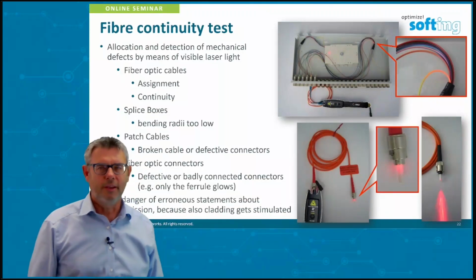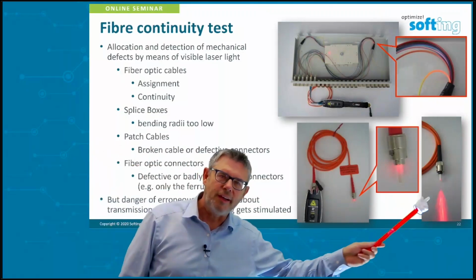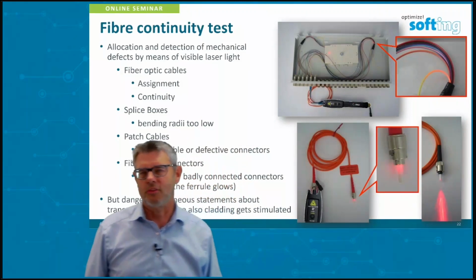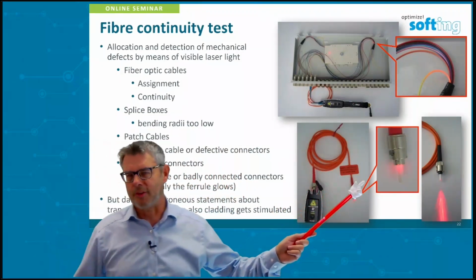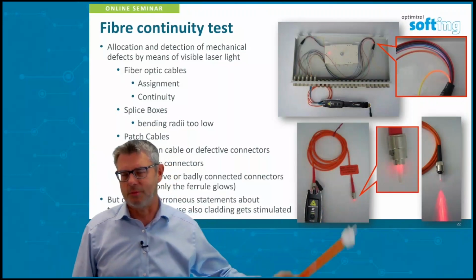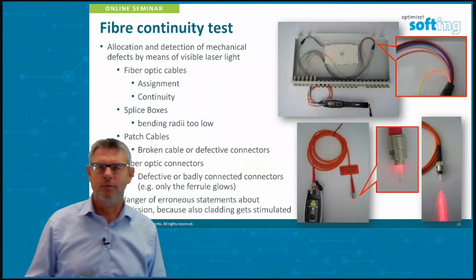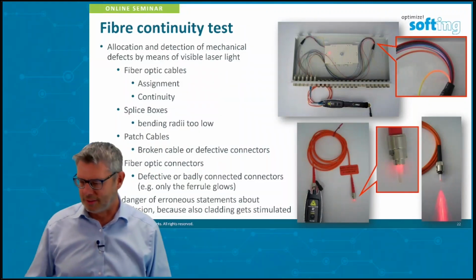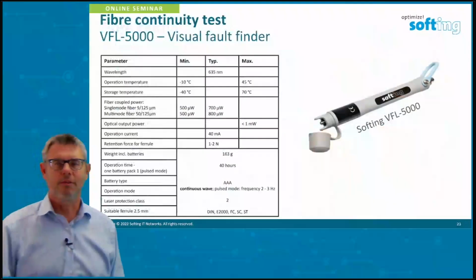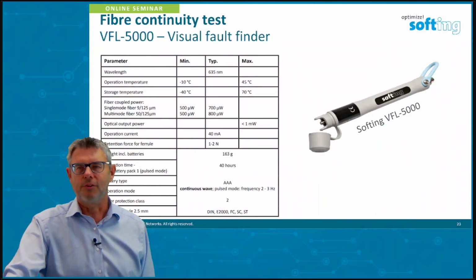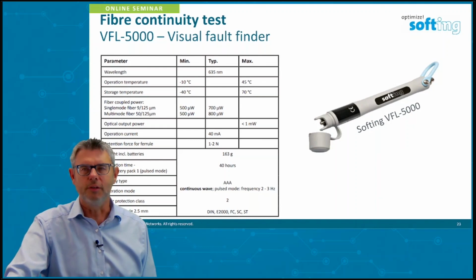That's not the right way. It should only have some little light spots here in the middle coming out, and you see here, that's the way it should be. So here, this patch cord is definitely broken in the connector somewhere because it's glowing all around. So these type of faults you find with a fiber continuity tester. Here is a picture of one, so the marketing part of this. So it's the VFL 5000, which we offer in our portfolio.